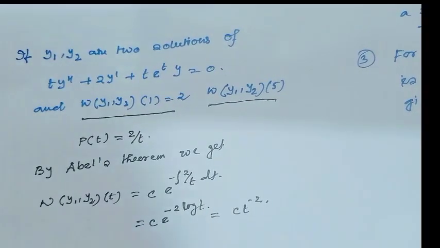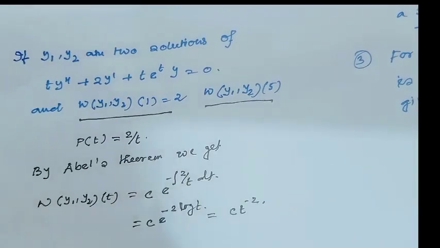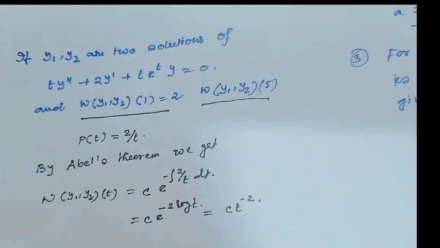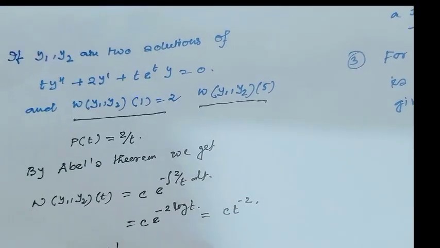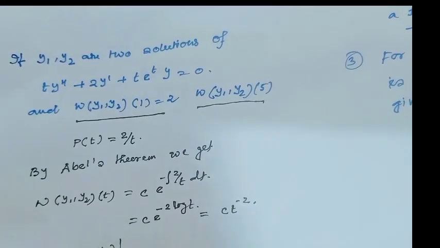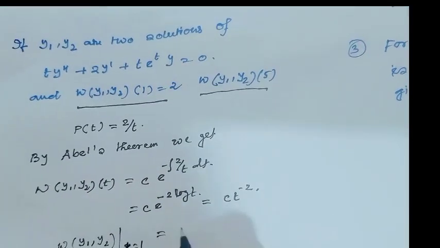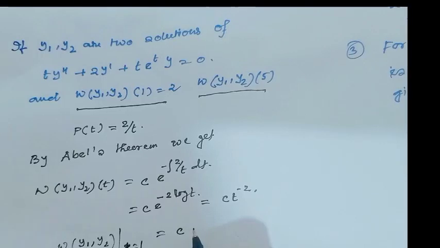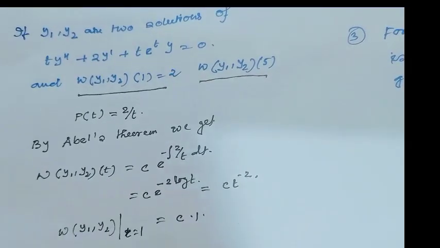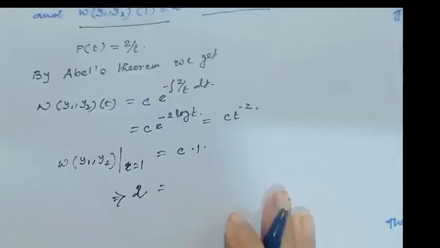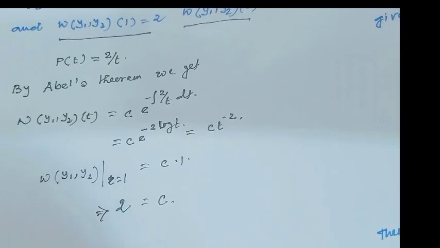Given the Wronskian of y1, y2 at the point 1 equal to 2, that means at t equal to 1 the value is 2. That means the value of c is actually 2.